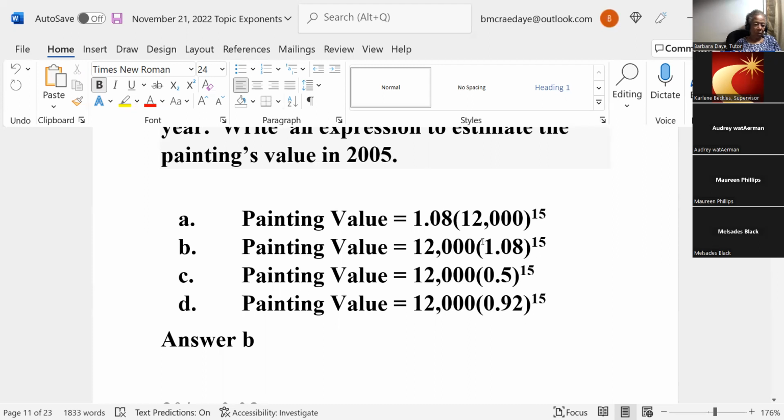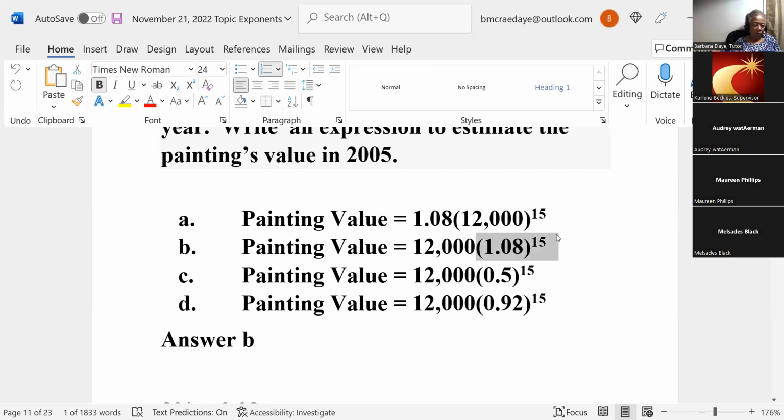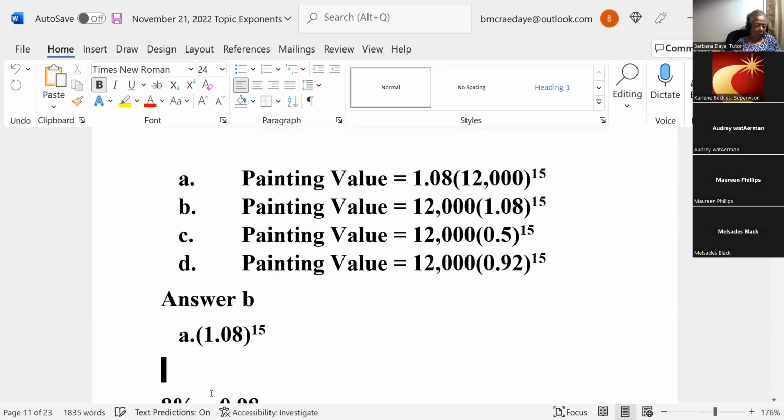Because the next step would be to say what is the painting valued at now?